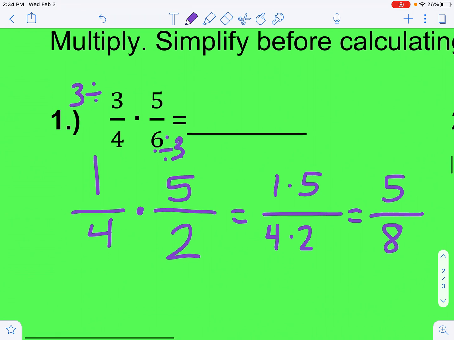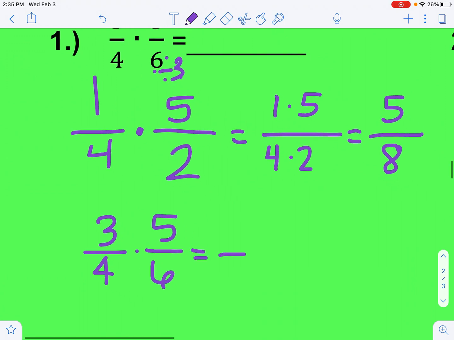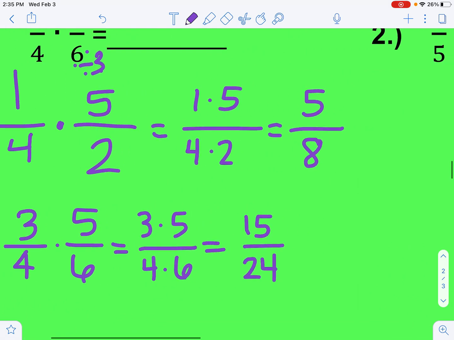Alright, now I want to show you if I didn't simplify beforehand, I would get the exact same thing. I would just need to simplify my answer. Okay, so let's go ahead and multiply these out. We take 3 times 5 all over 4 times 6. 3 times 5 is 15. 4 times 6 is 24. If you notice, these aren't the same yet.